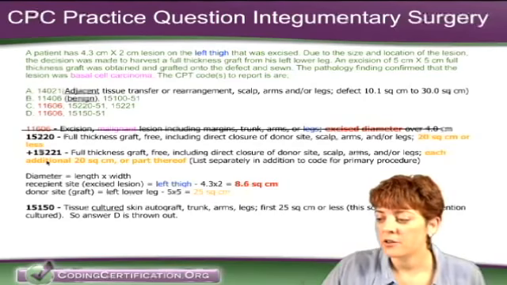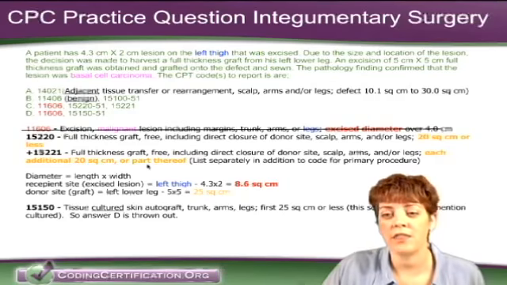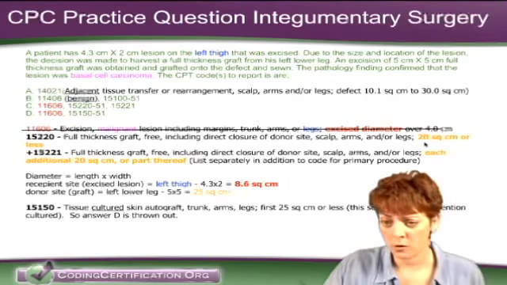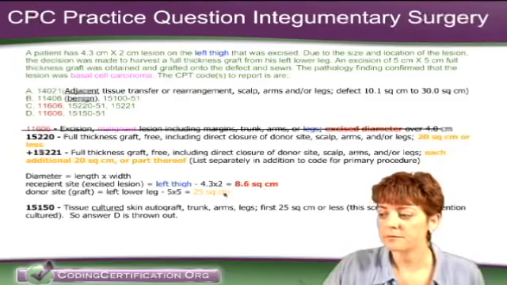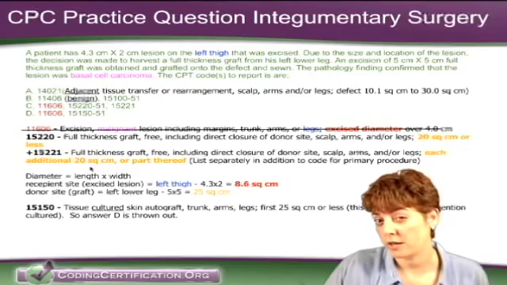And then the add-on code is additional 20 square centimeters. And this is a key phrase, guys, or part thereof. So we had 25 square centimeters. So we need 15220 for 20 of it, and then the add-on code for the 5, because 5 is a part thereof of 20.